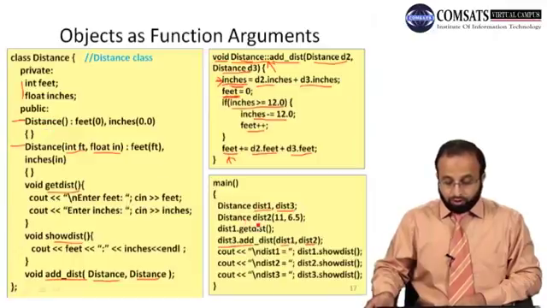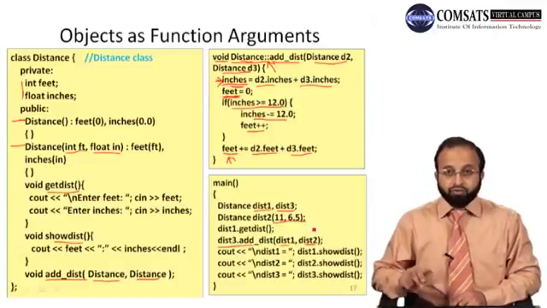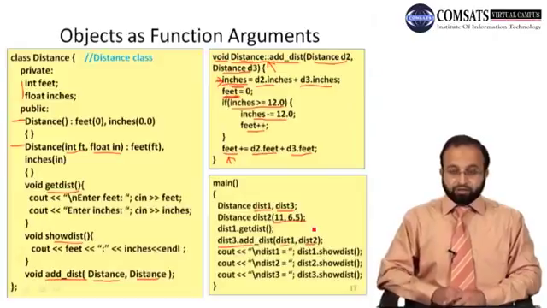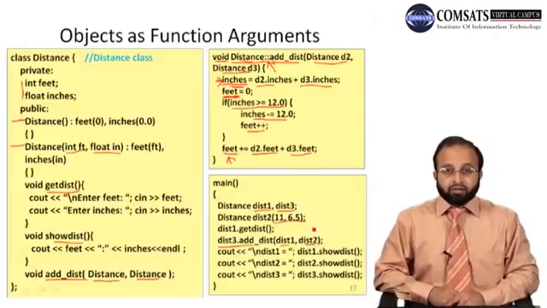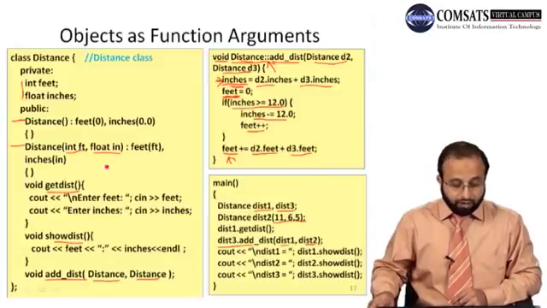Now with dest2 object we specified two parameters, that is 11 and 6.5. So we are passing two values. Now in the case of creation of dest2, the constructor with two arguments will be called, right.